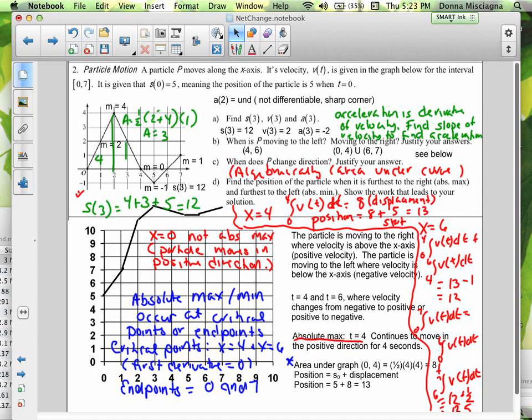Find the position of the particle when it's farthest to the right, the absolute maximum, and farthest to the left. Notice it's going in the positive direction. So it goes 4 in the positive for the first 2 seconds, and then it goes another 3, and then from 3 to 4, it goes another 1.